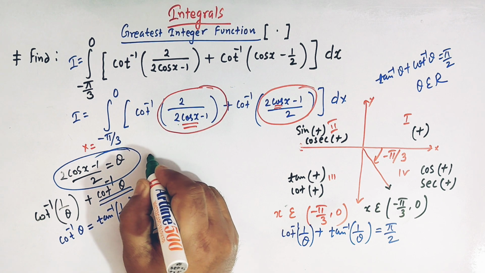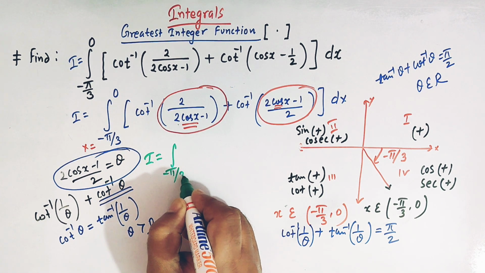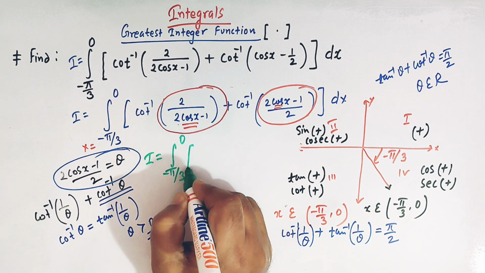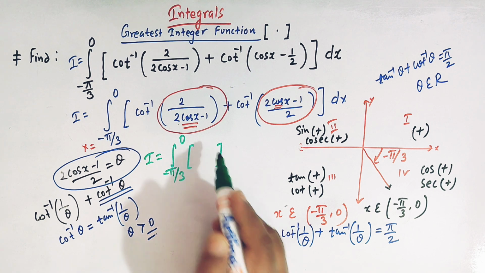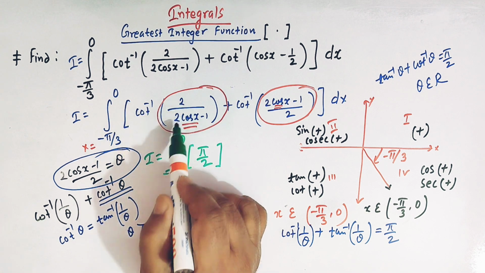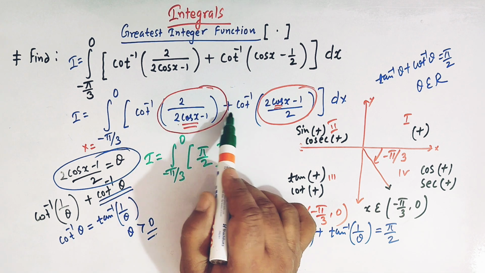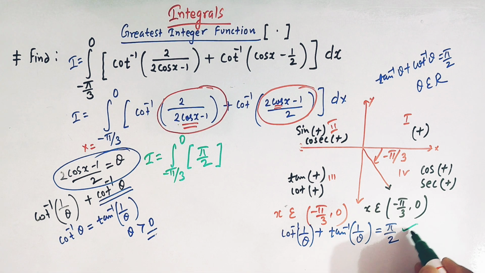So now this integral I can be written as integral from minus pi by 3 to 0, and here inside the greatest integer function symbol we have pi by 2, right? Because cot inverse of 2 over (2 cos x minus 1) plus cot inverse of (2 cos x minus 1) over 2 is equal to pi by 2, right?